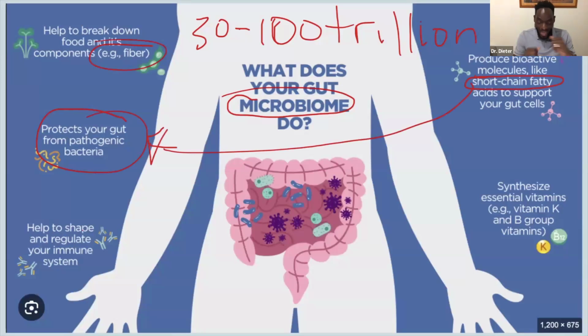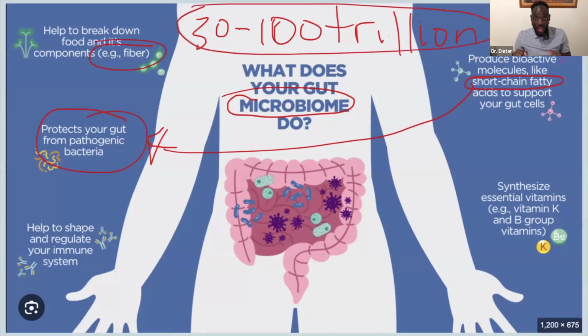The cells of the gut are lined together, one after the other like this. So a cell of the gut to a cell of the gut, they make the wall of the gut. Just imagine multiple connections like that, one fist to another fist. Now, these short-chain fatty acids are special molecules that we cannot get from eating any foods. They are produced by this bacteria in the gut, the microbiome. When they are produced, they act like cement.